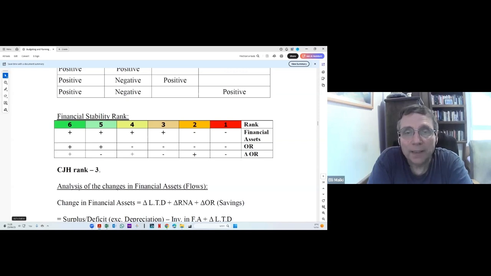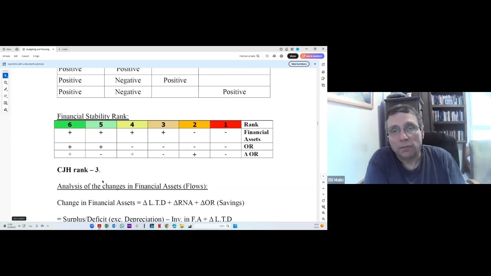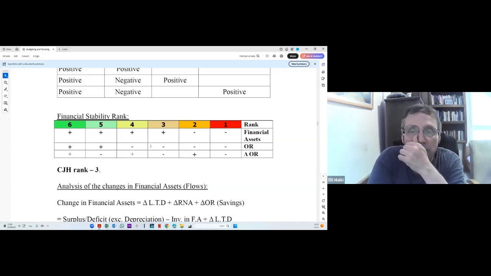We look basically at three positions, which are divided into sub-positions. The first position is that both financial assets and operating reserve have a deficit. Then we have the intermediate situation in which financial assets are positive, operating reserve is negative. And we have the two stable positions of positive financial assets and positive operating reserve.